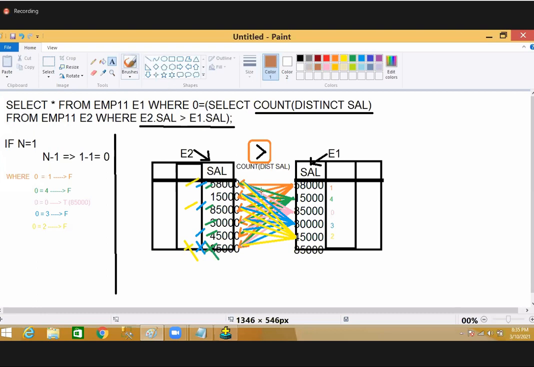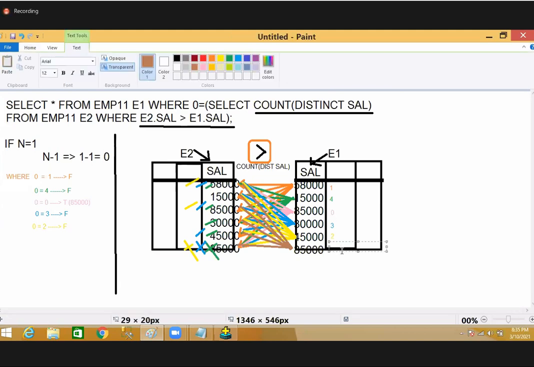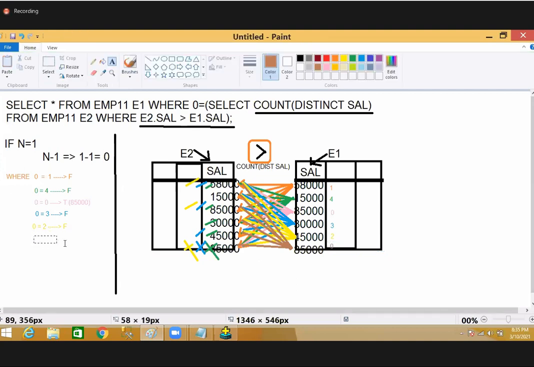And the last, finally, 85,000 is there. Now 85,000 count here. So how many values are there more than 85,000? 0. So that means count is what? 0. And that 0 I want to compare with my outer query value now.